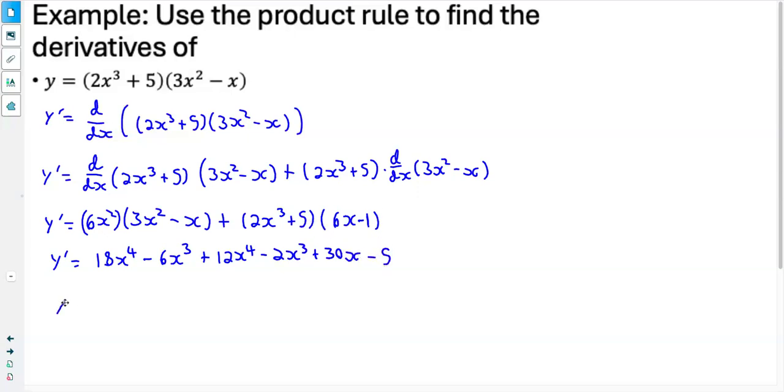So now we'll go through and collect like terms. We've got 18x to the power 4 plus 12x to the power 4, which gives us 30x to the power of 4. Then we've got minus 6x cubed minus 2x cubed, which gives us minus 8x cubed.